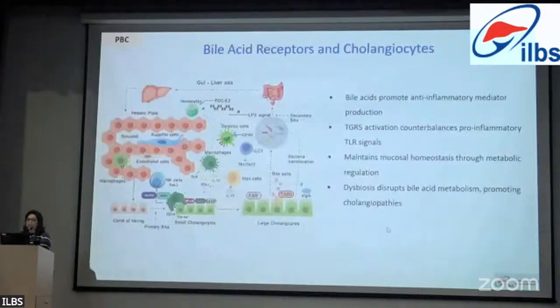So there are many bile acid receptors present on cholangiocytes. So TGR5 and FXR, which will be covered in detail by Dr. Omkar. But to give you a brief, in PBC, it has been defined that these bile acids carry bacterial products or other triggers or DNA damage proteins, which can trigger the cholangiocyte-present bile acid receptors, which counterbalance the pro-inflammatory TLR signaling.